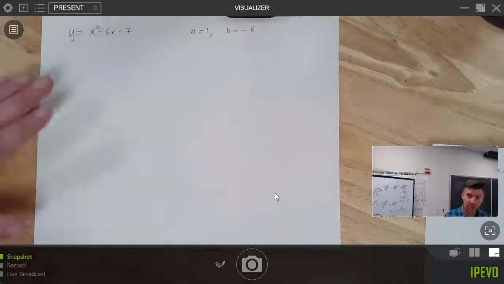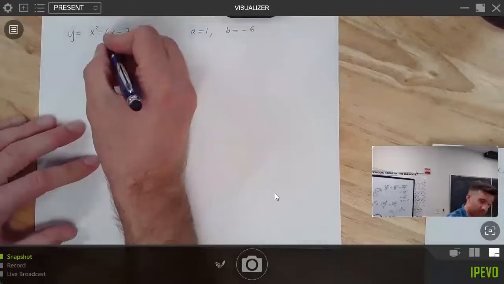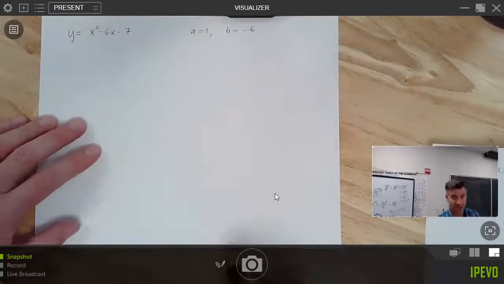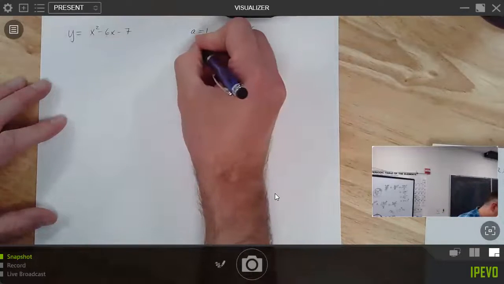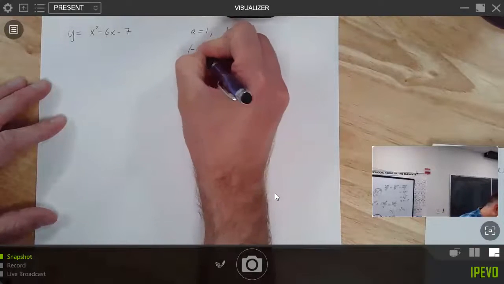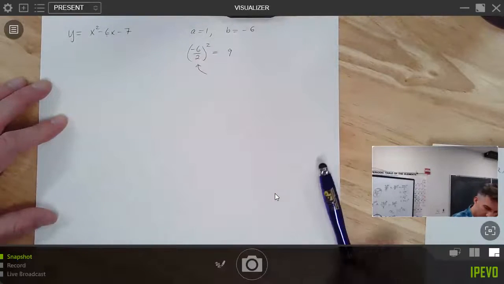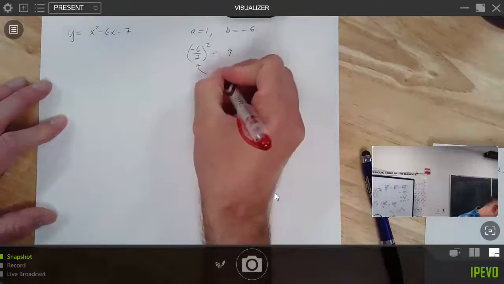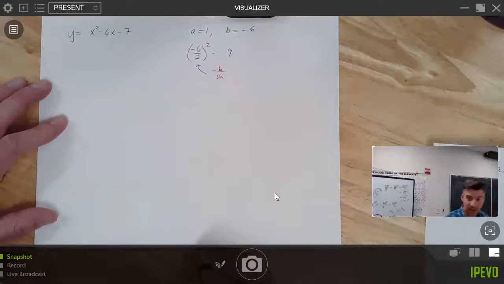So to complete the square, here's how we do it. You take your b and you divide it by 2. You're really dividing it by 2 times a, but here a is 1, so we don't miss it. So negative 6 over 2, squared, that's your negative b over 2a, and that's going to equal 9.